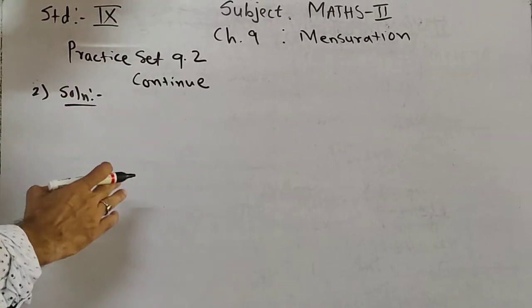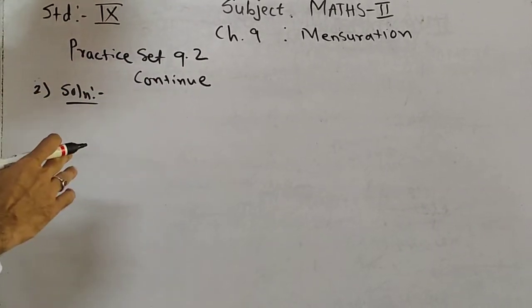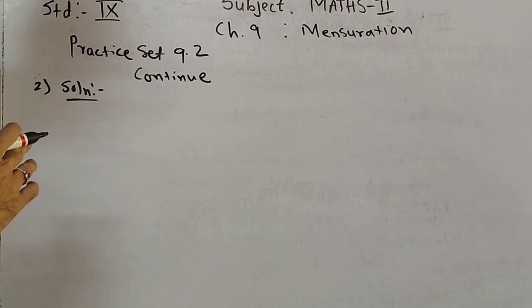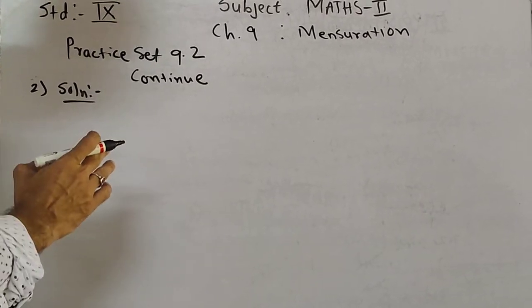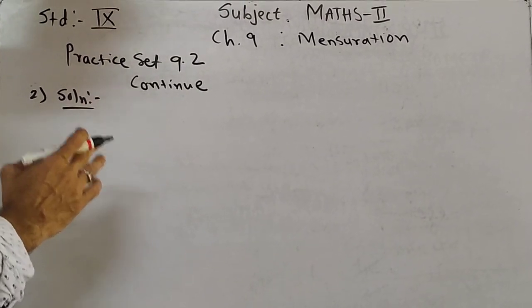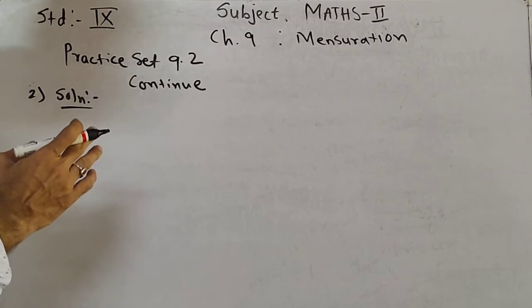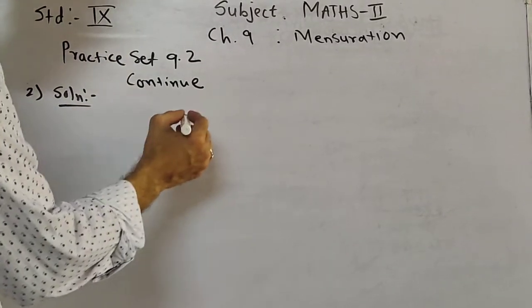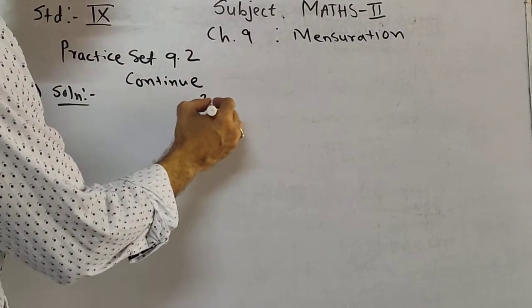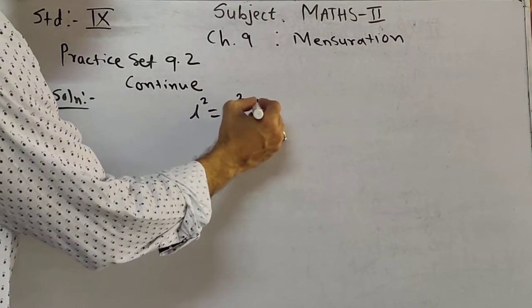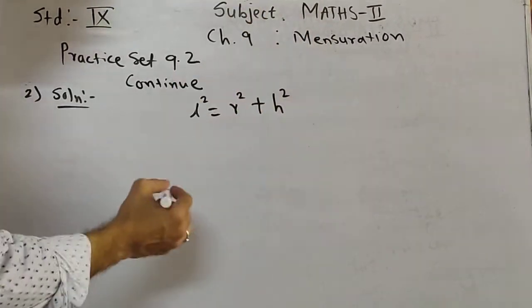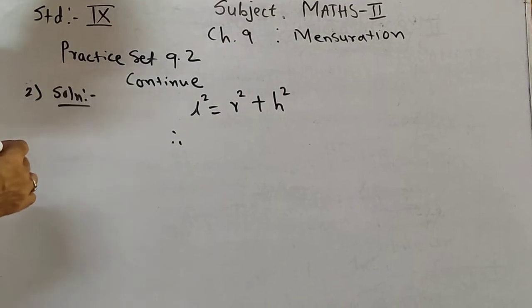Okay, let us continue now. Sum number 2. So slant height L you got 53, and radius of the base is 28. You want perpendicular height. So we will use the formula L square is equal to R square plus H square. This is a slant height formula.